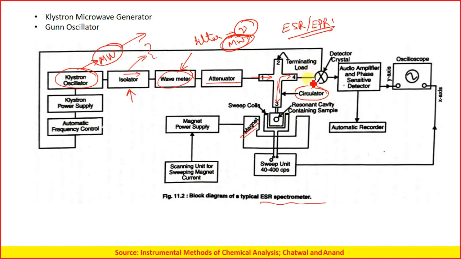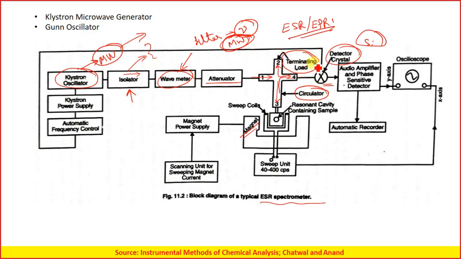Now through this it goes to the detector crystals, which are made up of silicon, and it becomes an electrical signal, and then they are recorded. However, post this detector, some of the microwaves are pushed back into this circulator, and move towards arm 2, where there is a terminating load.